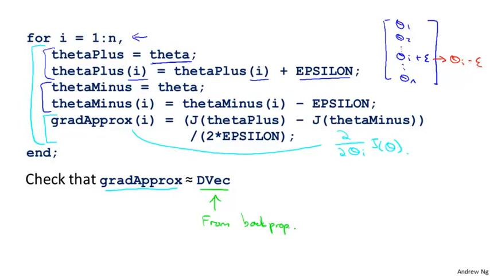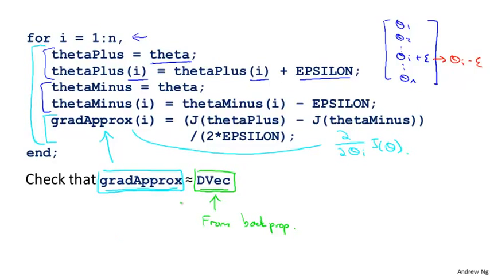What I usually do is then take my numerically computed derivative, that is this grad approx, and make sure that it is approximately equal, up to small values of numerical round off, to the dvec that I got from backprop.